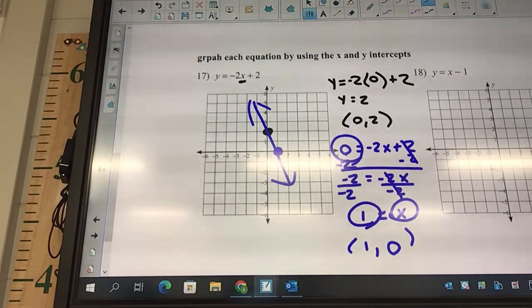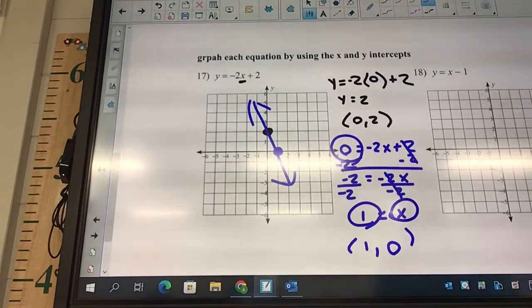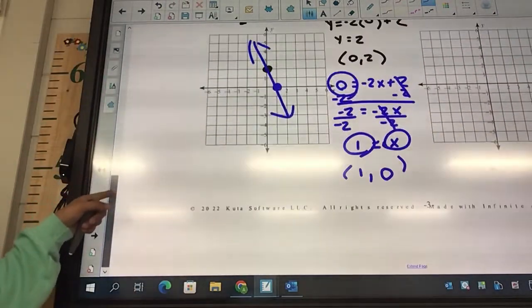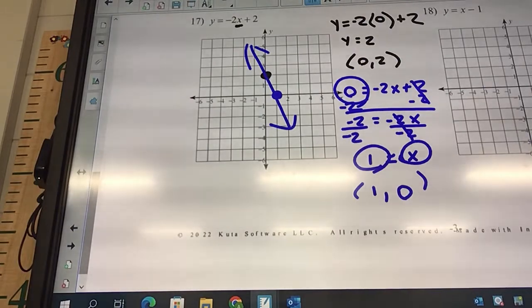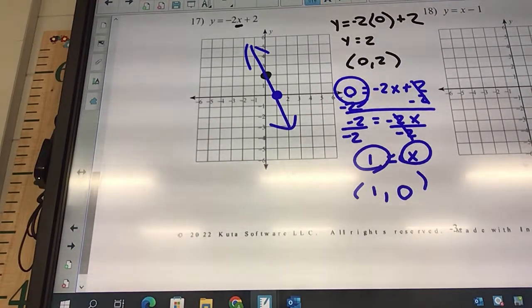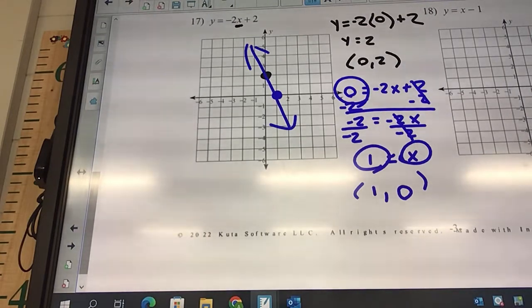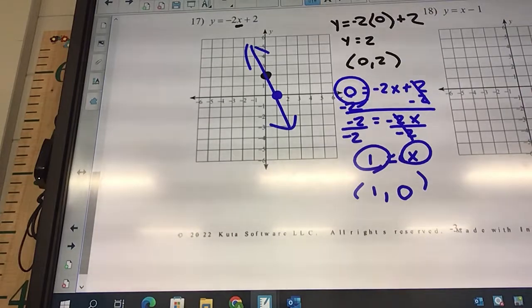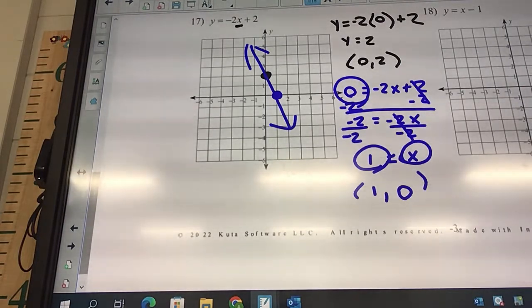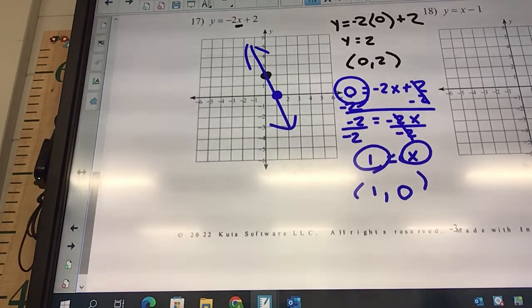The y's are going to take a little bit more because you kind of have to solve them out.